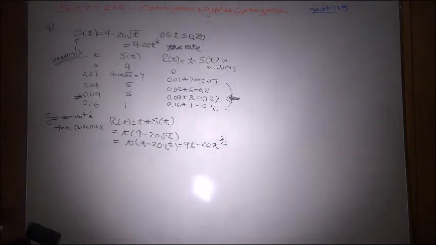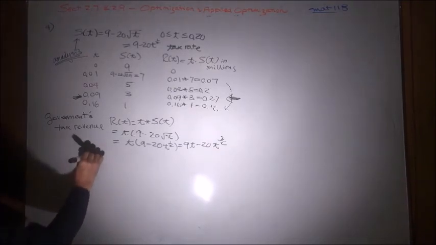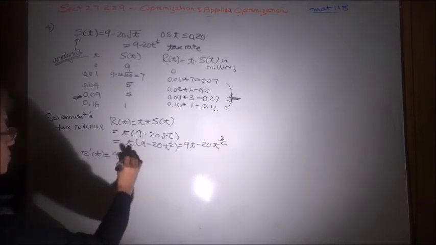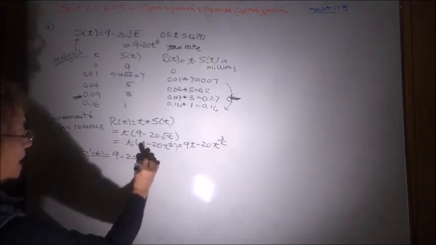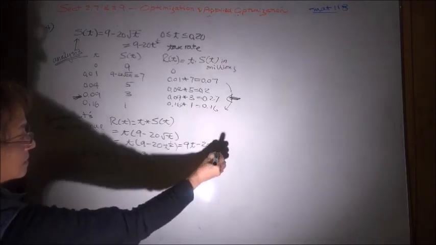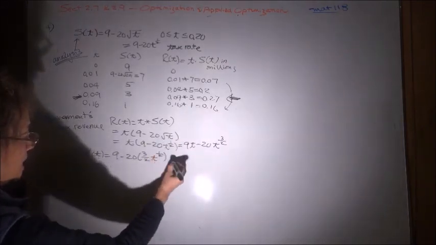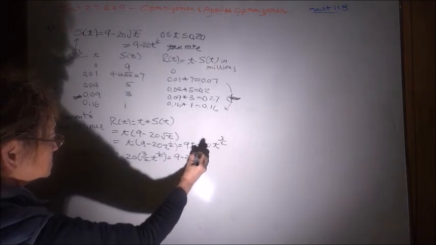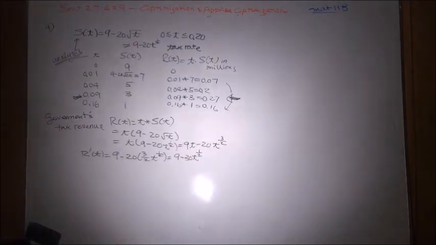Then we want to maximize it, so we take R prime of T. That would be 9 minus 20 times 3/2 T, dropping one level, so 9 minus 30 T to the half power. Is that right?